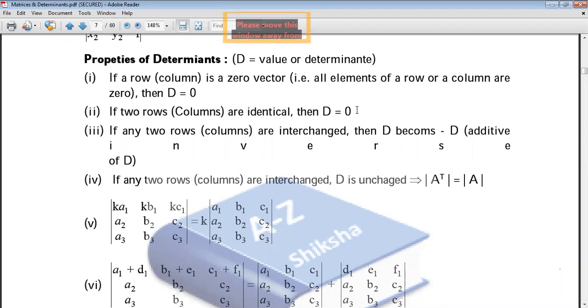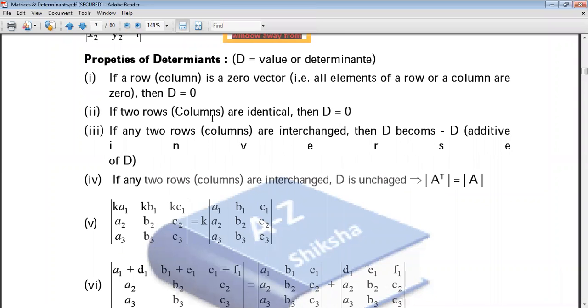What this property tells you is that if any two rows or any two columns of a determinant are identical, meaning word for word the same, and equal, then here also, without expanding the determinant, you can directly write that the value of the determinant is 0.